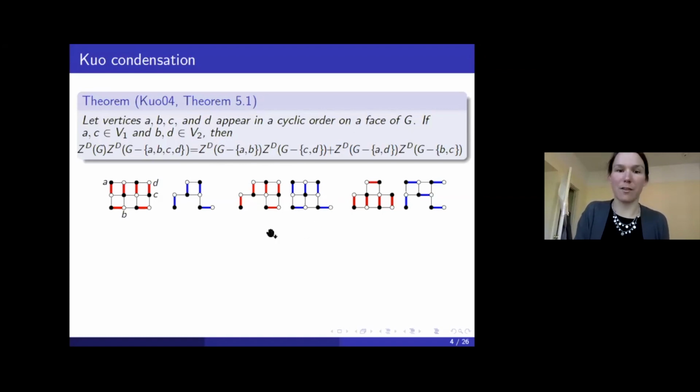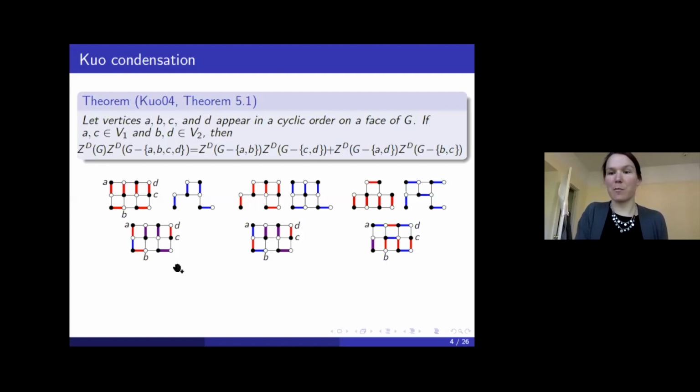So each of these terms on the right-hand side comes from deleting one black vertex and one white vertex in all possible ways. And he gave a really nice proof of this fact. What he showed is that if you superimpose a matching of G with a matching of G with those four vertices removed, then the resulting configuration that you get has to have come from exactly one term on the right-hand side of the equation.